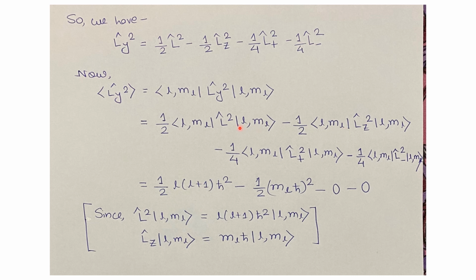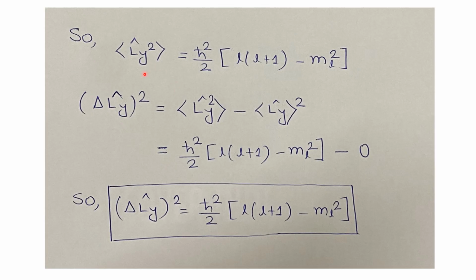The expectation value of L square is L into L plus 1 times h cut square, and the expectation value of Lz square is ml h cut whole square. So we'll get half of L into L plus 1 times h cut square minus half of ml h cut whole square, and the other two terms will give 0.